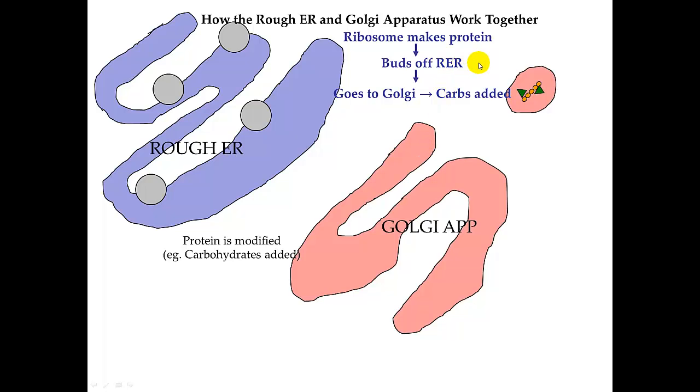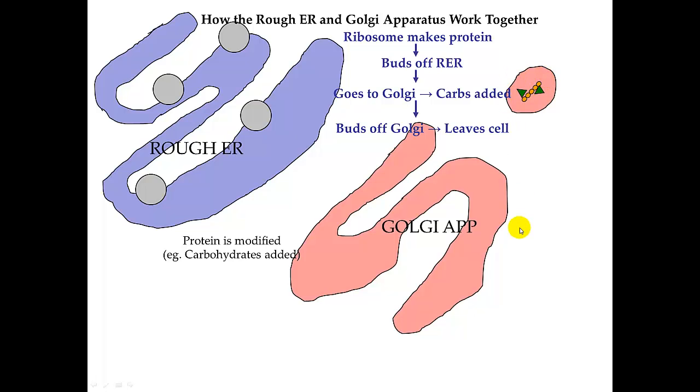Remember, that forms something called a vesicle that then goes over to the Golgi apparatus where it modifies the protein. For example, it can modify it by adding carbohydrates. Once that protein has been fully modified, it can then bud off of the Golgi apparatus to form this structure here, and then from there, that's when it can leave the cell. So it's secreted from the cell in order to do some other function. And the way that it ends up leaving the cell is like this.